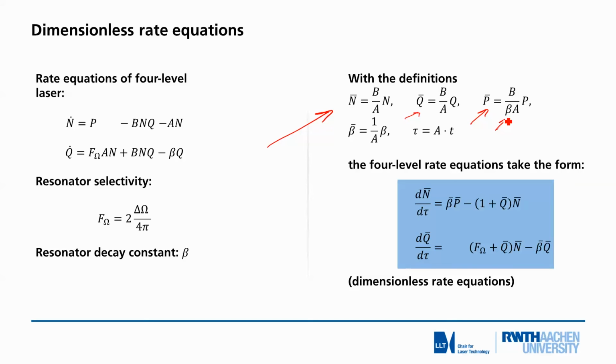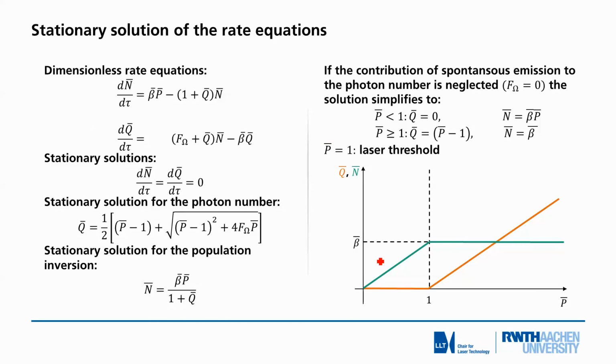So ultimately the 4-level rate equations take the form in the dimensionless writing, which is displayed here, and this is actually very simple. It's only 2 equations and we can analyze them. The first thing we do is we look for the solution of the stationary state.